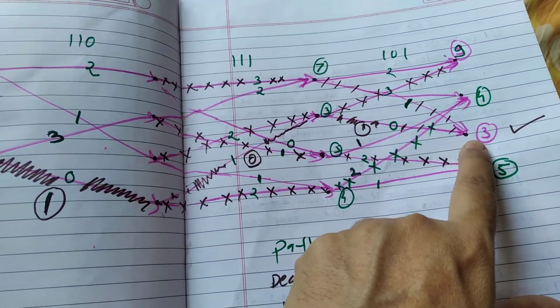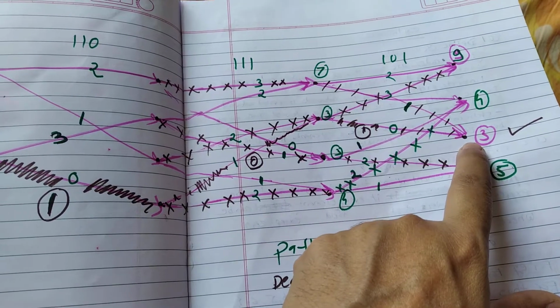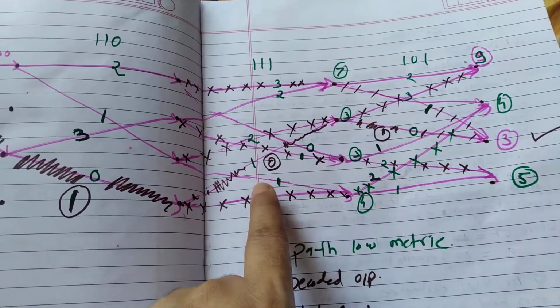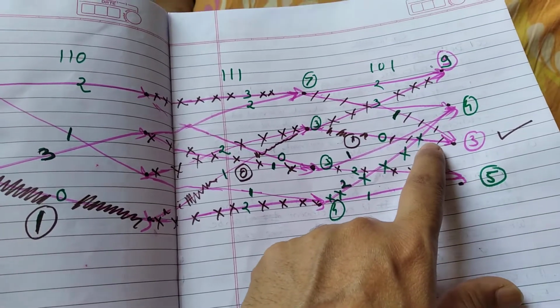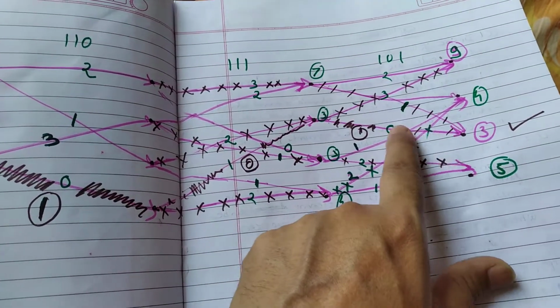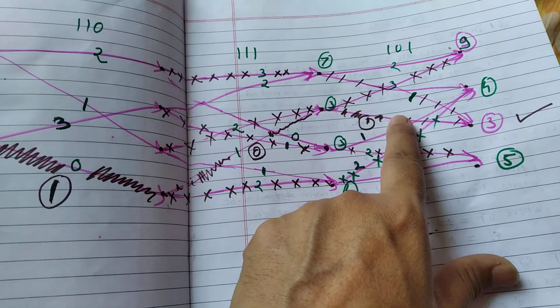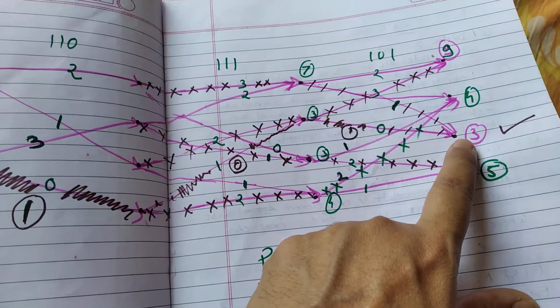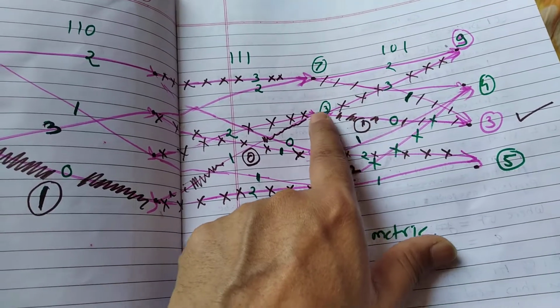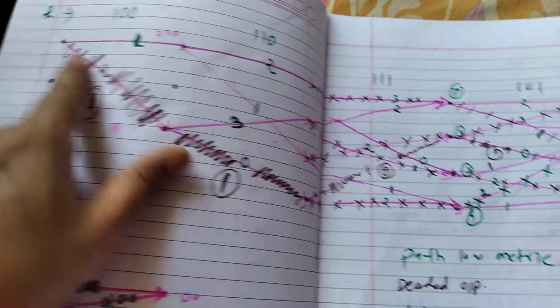Now let us see what is this 3. That is not a cross; I have drawn some lines to show the correct path and differentiate it. So this one, this one, this one.